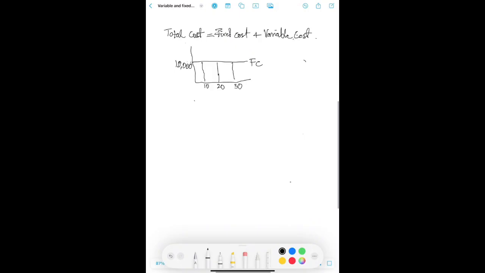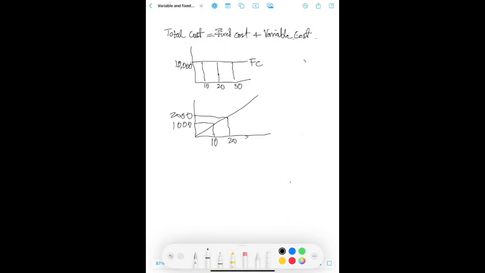A variable cost has this diagram. If 10 units were produced, let's say the cost was 1,000. You produce 20 units, the cost increases to 2,000.